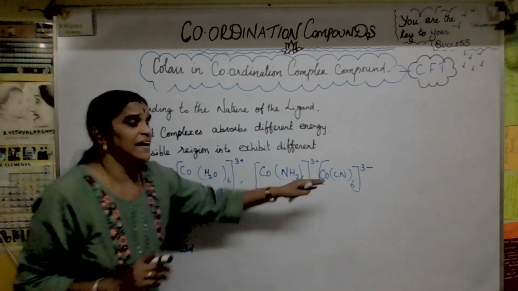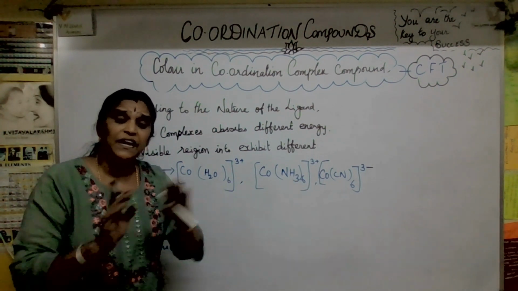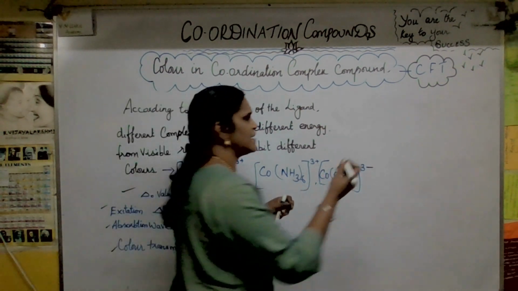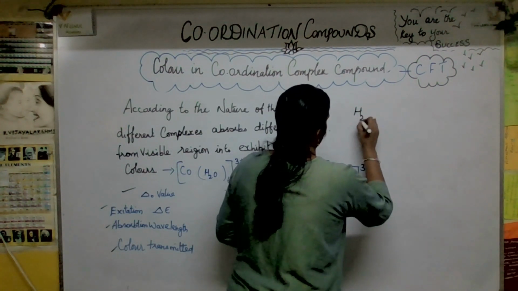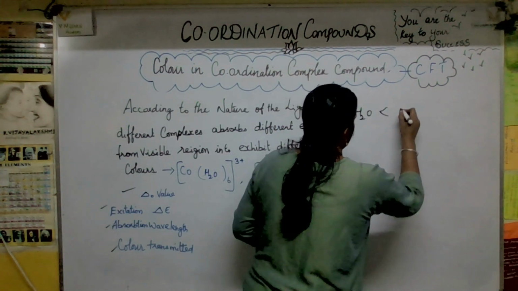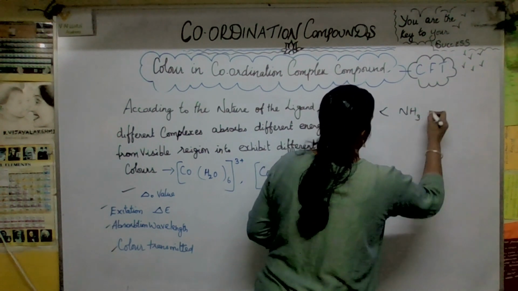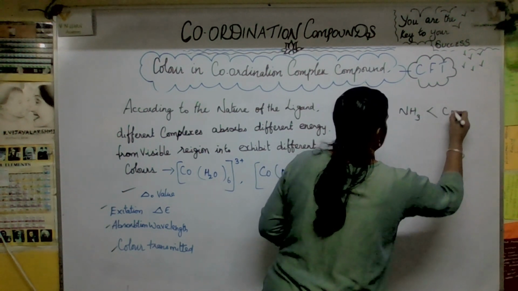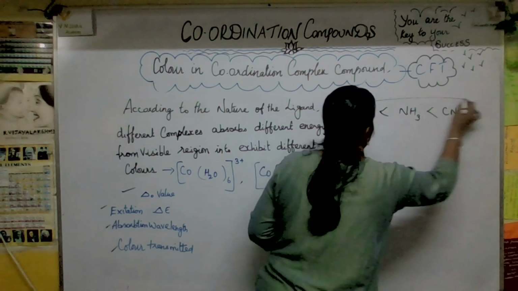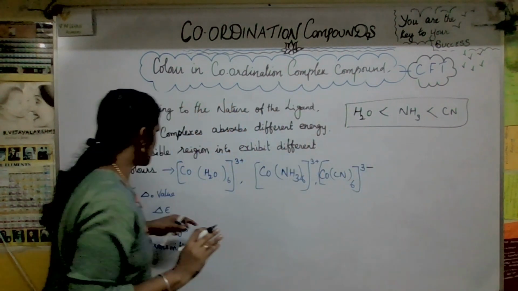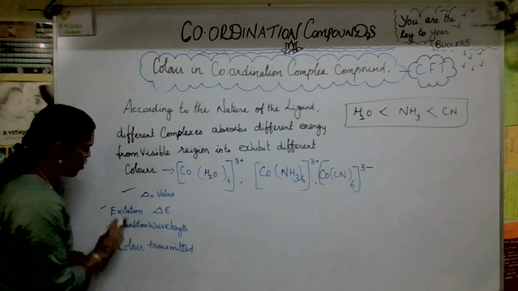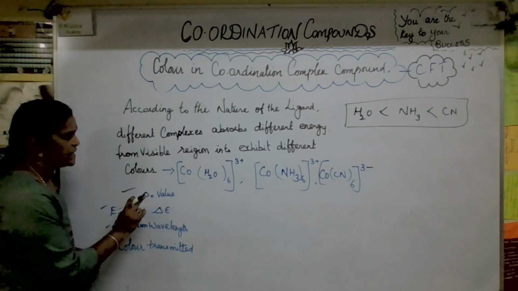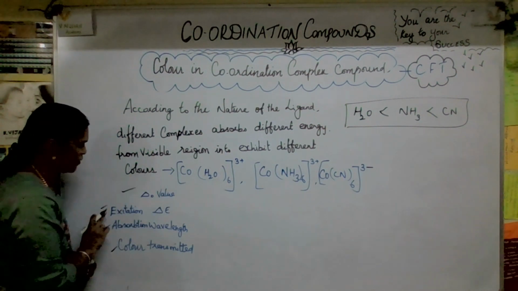As you see the ligand, you will come to know which is a weak ligand and which is a strong ligand. We'll write it in increasing order. H2O is a very weak ligand, then NH3, and CN is a strong ligand. Next, we are going to find out delta value for all these.